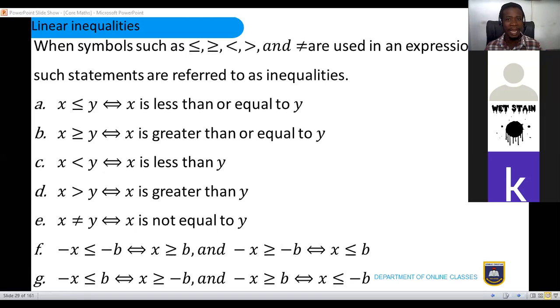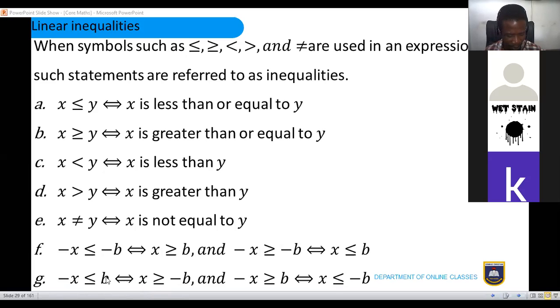G, if I have my inequality equation to be negative x less than or equal to b, it implies x is greater than or equal to negative b. Let's start this example. We are saying that negative x is less than or equal to b.